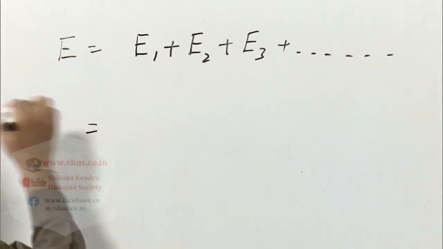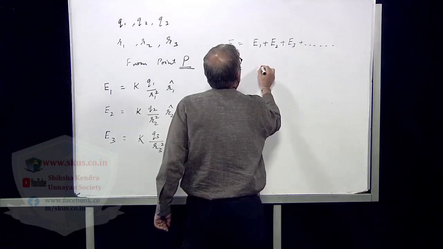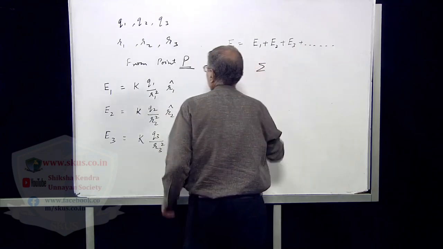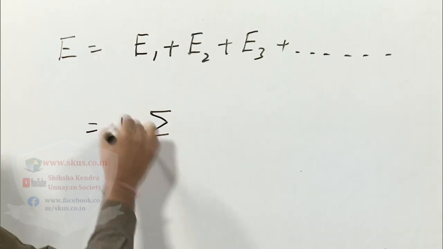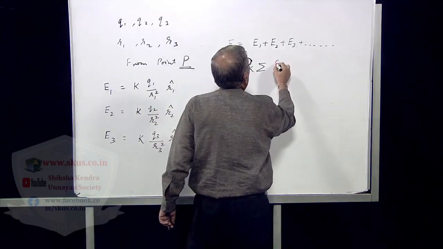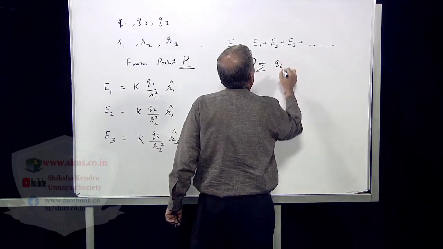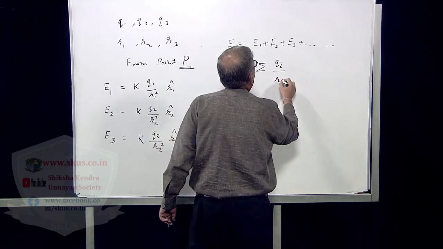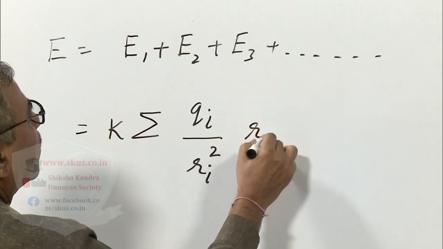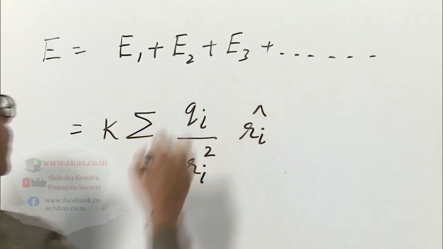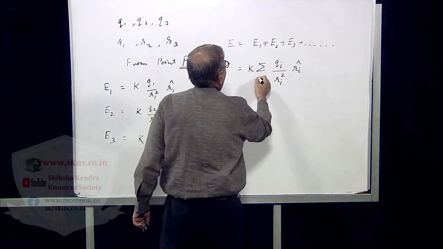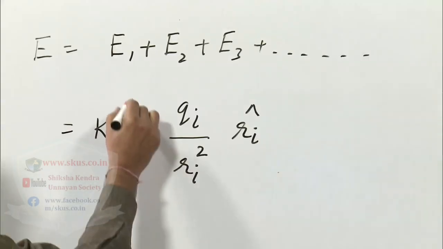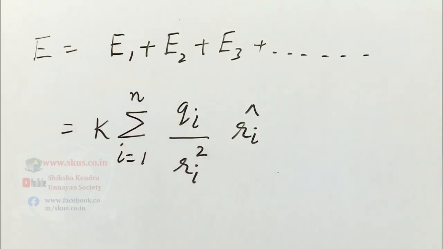We can write it using summation sigma: K outside the summation, then Qi upon Ri square, Ri cap. Summation is from i equal to 1 to n. Here Ri cap is the unit vector directed from the ith charge to the point P.